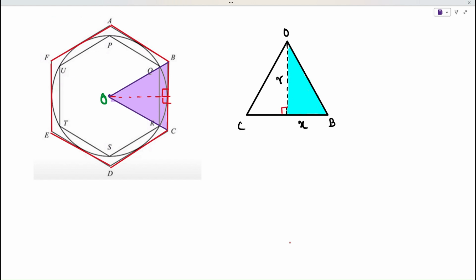So as we're shown in the question, the length of all of the sides of the larger hexagon act as tangents to the circle. And something else that you would have learned in circle theorems is that the tangent and the radius meet each other at 90 degrees.